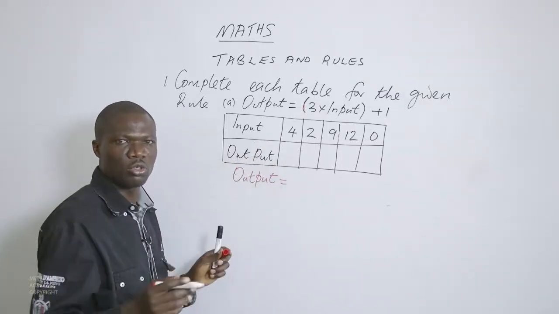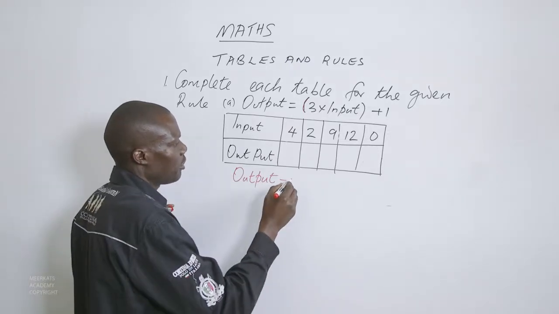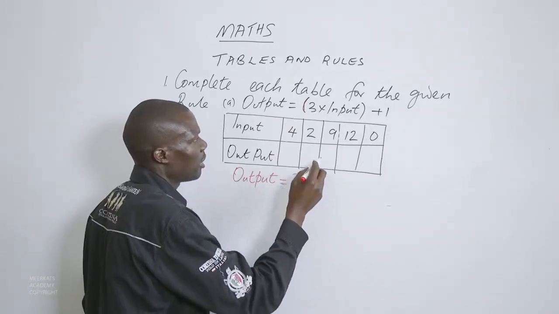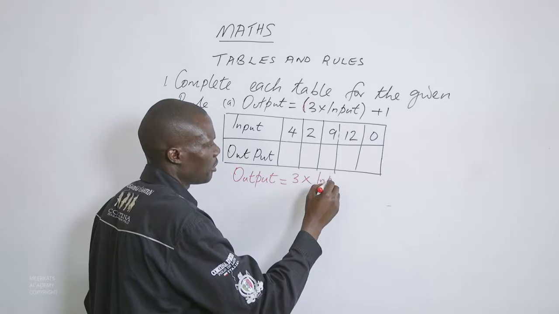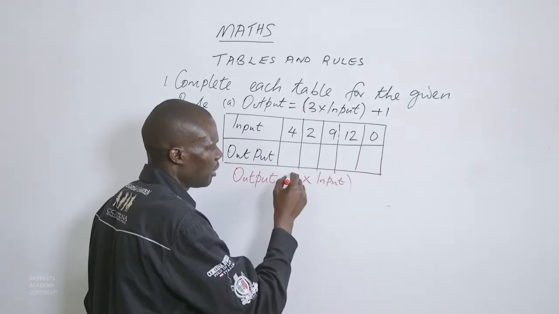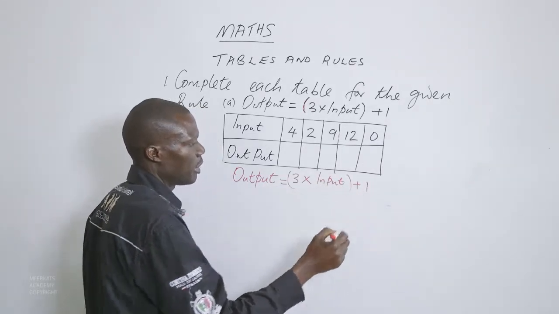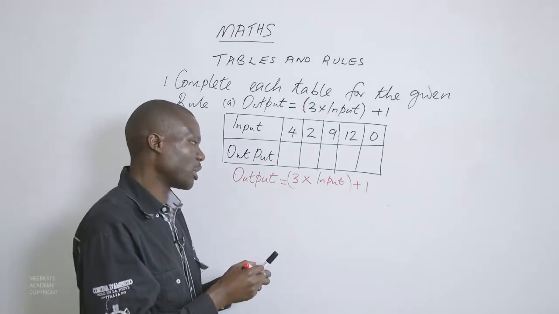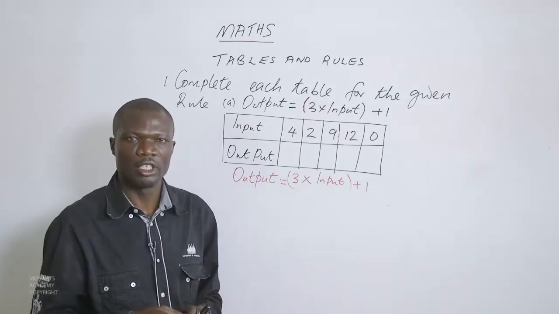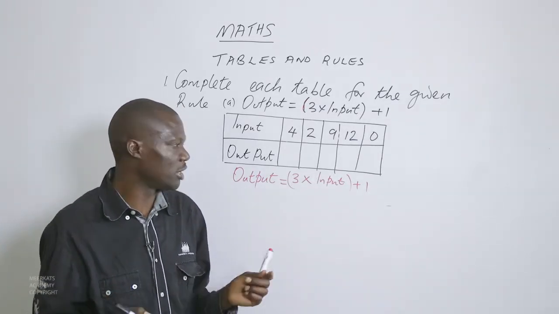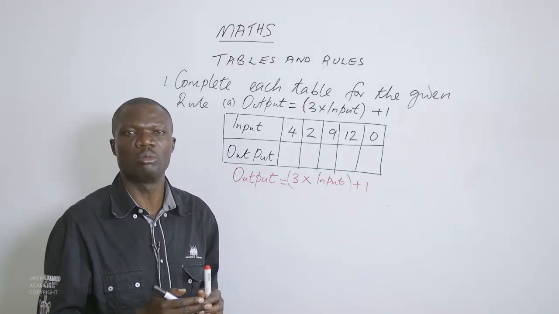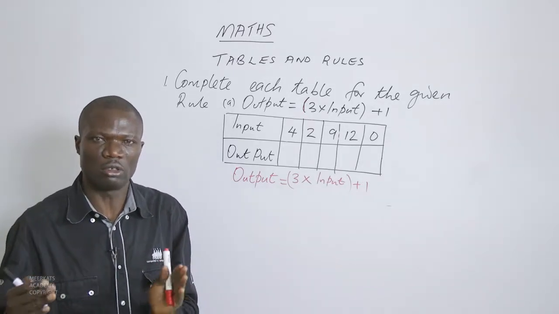So to resolve this and fill in the table, our value of output will be equal to 3 multiplied by input, and then you add 1. It's very important to observe our brackets so that we are always aware of what should be worked on first.